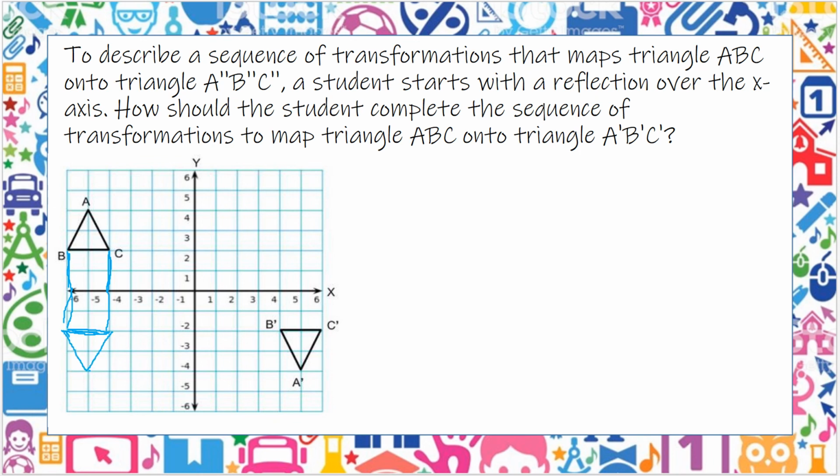So it's going to end up here. Okay, so you're just going to flip it straight over. Now we're going to move it over. So it's going to have that reflection over the x-axis.